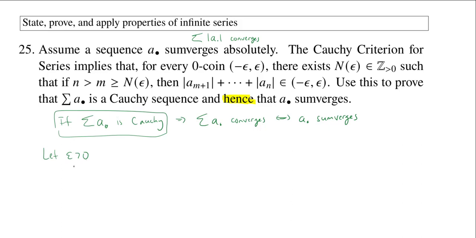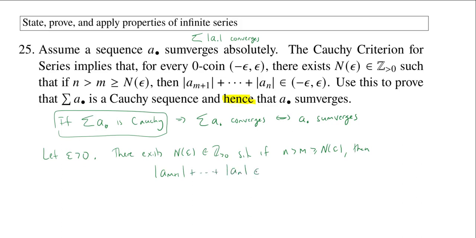Now, given this epsilon, well, up here we knew for every epsilon, there exists an N of epsilon, some positive integer, such that if n is greater than m is at least N of epsilon, then, well, we have this condition here, right? Absolute value of a_(m+1) plus ... absolute value of a_n is going to be in the zero-neighborhood of radius epsilon, right?